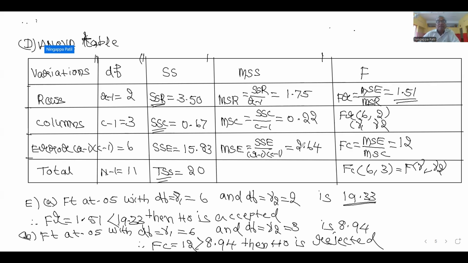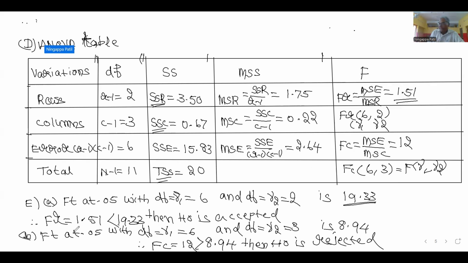Then this is 2.64 divided by 0.22. You are getting 12. Look here, FC is 12. And here you have to mark, this is necessary for finding table value. MSE, its degrees of freedom 6. And MSC, its degrees of freedom 3. Look here, 3. Mu1 equal to 6, mu2 equal to 3.